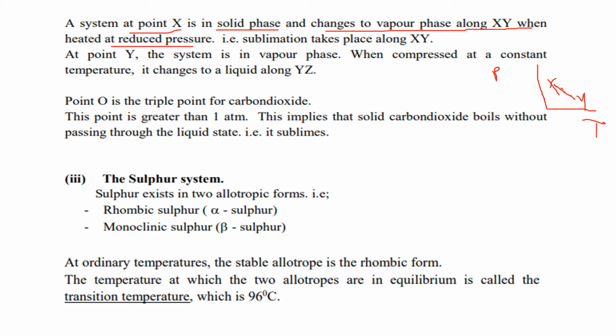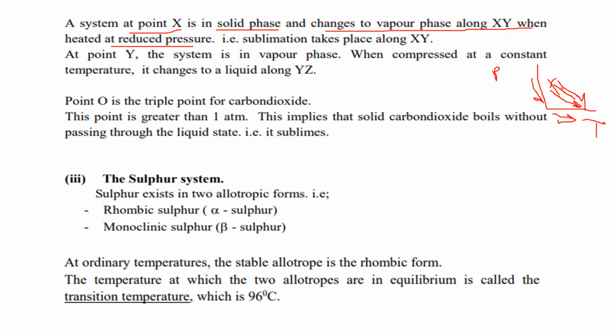Now what's happening? If you look at the pressure curve, pressure is decreasing. But if you look at the temperature curve, temperature is increasing. So from this point to this point, we are decreasing pressure as we are moving along X to Y, but we are increasing temperature.